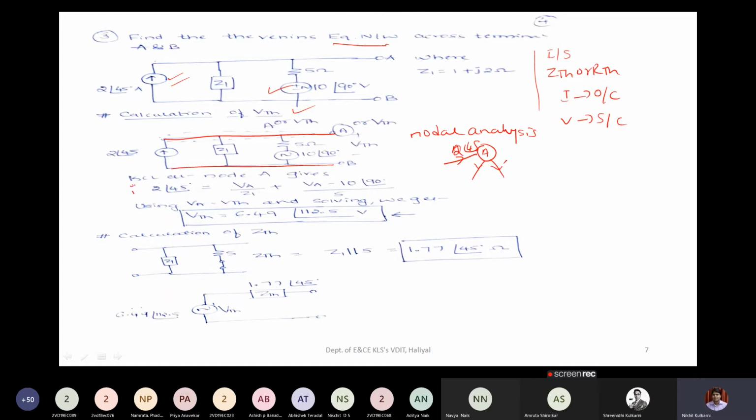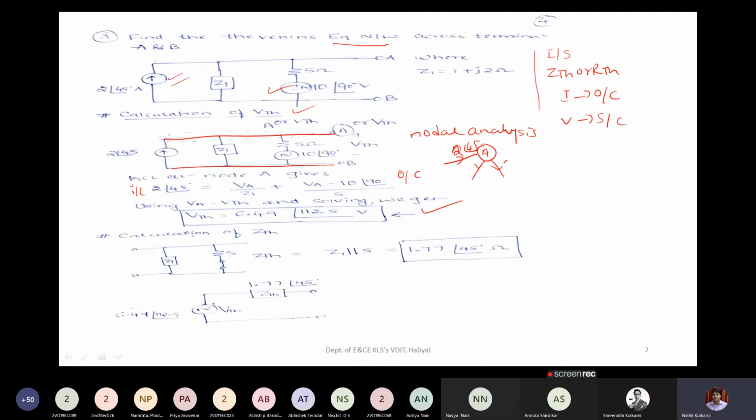Incoming current is 2 at an angle 45, equal to outgoing current VA divided by Z1, plus VA minus 10 at an angle 90 divided by 5. If you combine VA on one side and solve it, you will get this value. So that VAB or VA is nothing but our VTH.